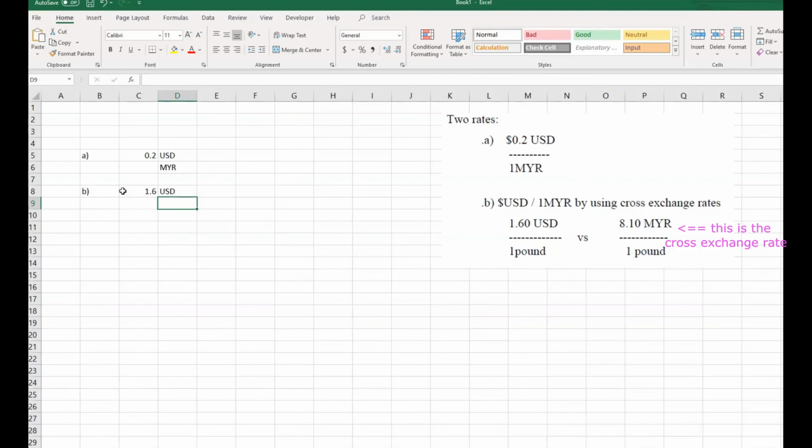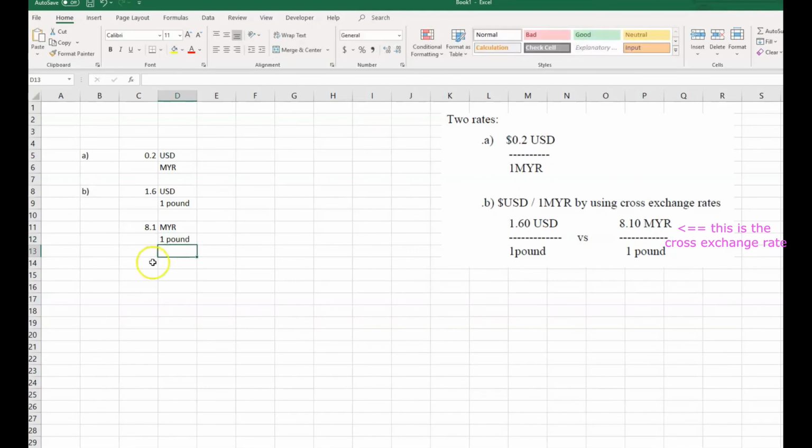We have 1.6, and you see the pound is in the denominator. So we use 1.6 divided by 8.1, according to our previous example.